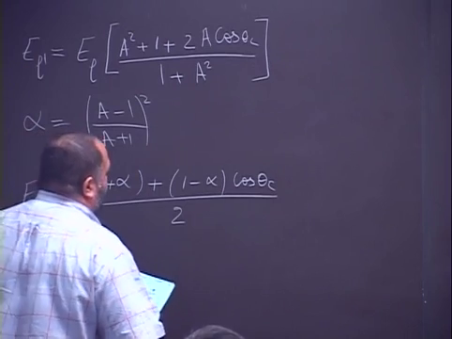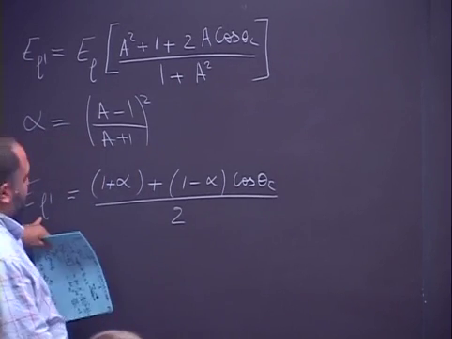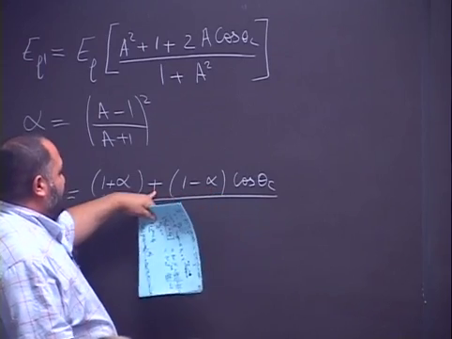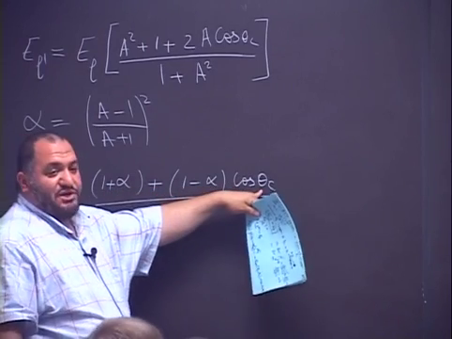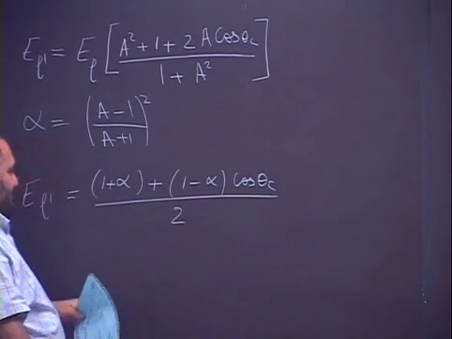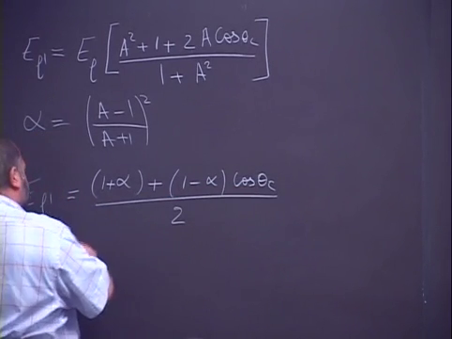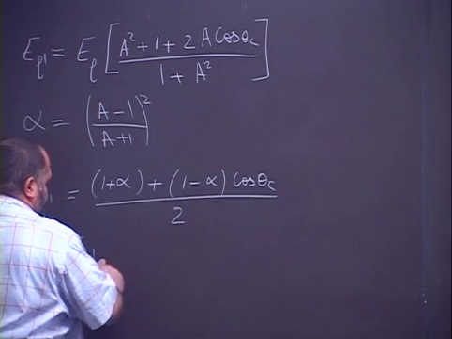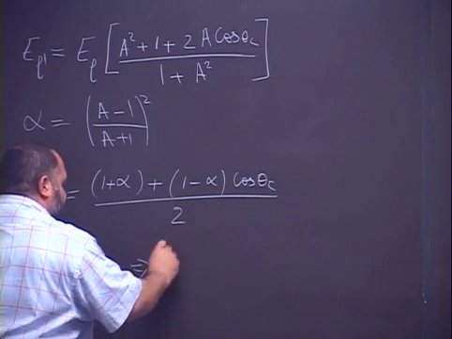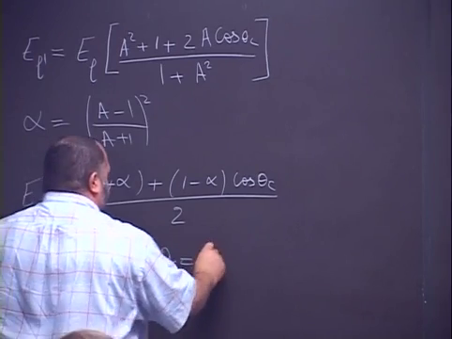And we stated that the energy will be minimum when this term here is negative, that is, cosine theta_c is negative 1, so theta_c will be pi.